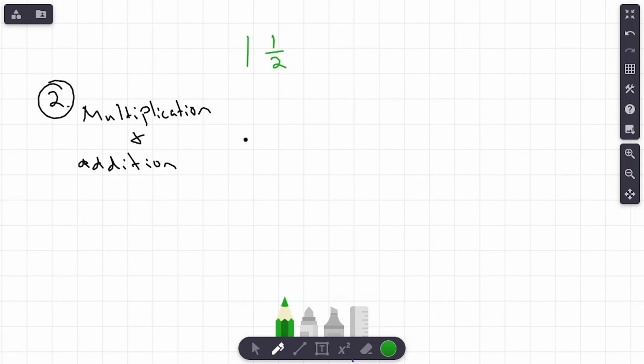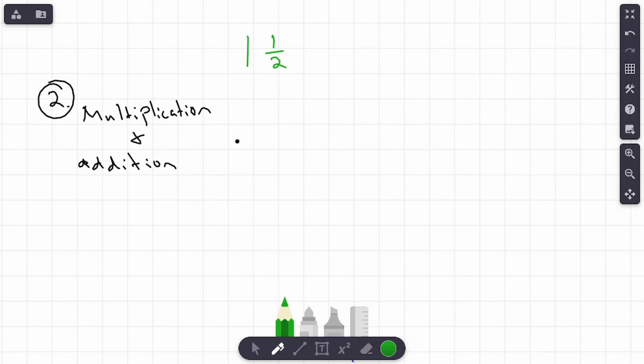Okay, so here we go. Let me walk you through this. We've got 1 1/2, and we're going to do a little bit of multiplication and a little bit of addition. This is how you do it.